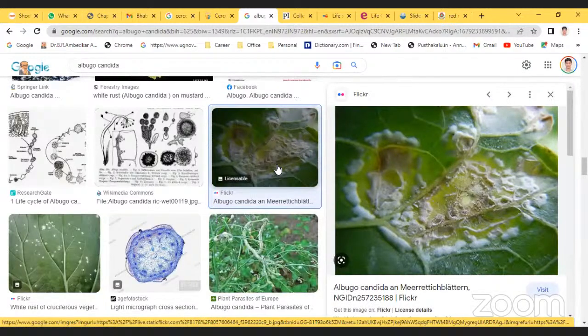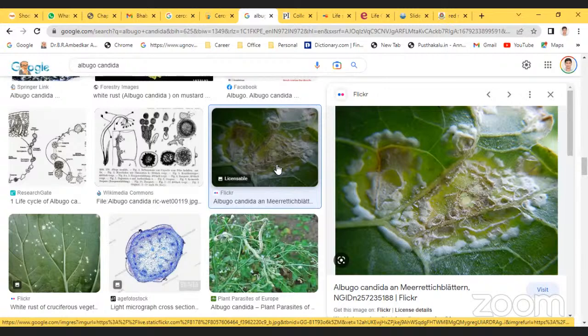It usually infects Brassica oleracea, Brassica nigra, Brassica napus, Brassica campestris, and Raphanus sativus. What is Raphanus sativus? Mullangi, yes.